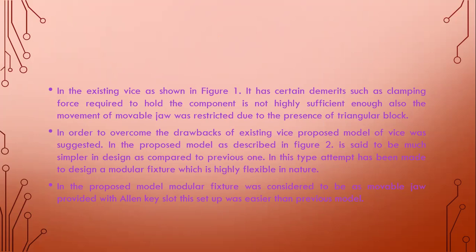In this attempt, we can consider the modular fixture to be more flexible in nature, and the modular fixture itself is considered as a movable jaw provided with a ready-made Allen key slot setup, so that it can further simplify the assembly process as compared to the previous model.